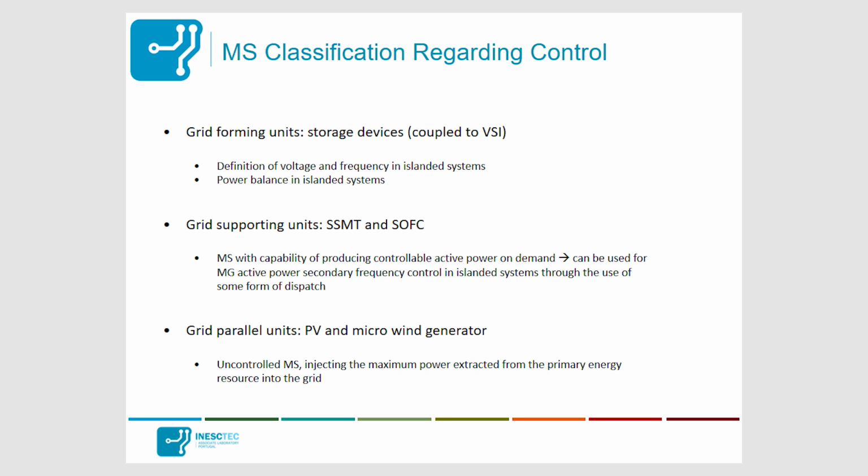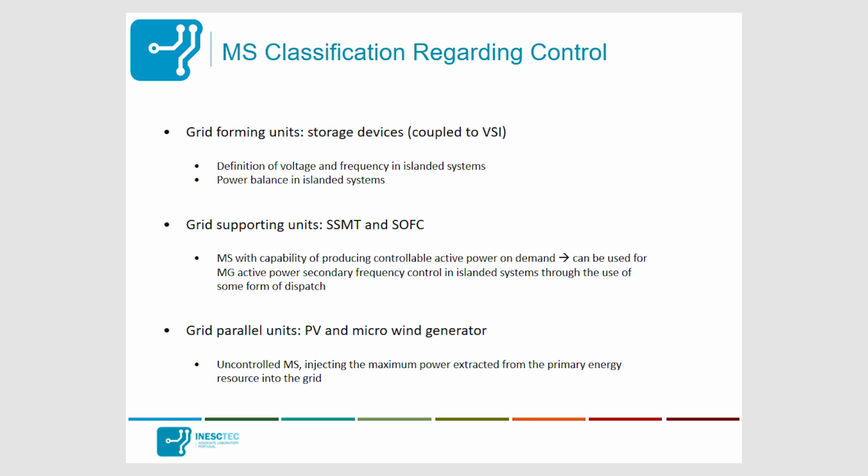Then there are also what we call grid supporting units that can be microturbines or solid oxide fuel cells that are capable of responding, but they have a slow response, and they can be used to try to balance the operation of the grid in certain situations, especially the ones related to intentional islanding.